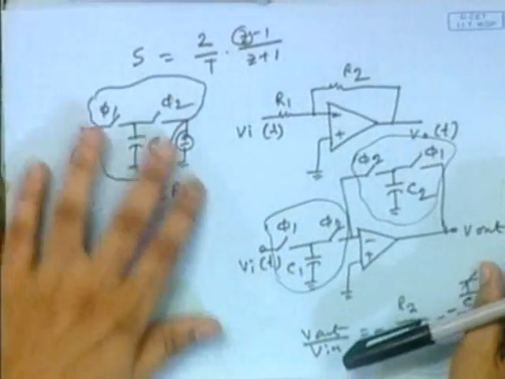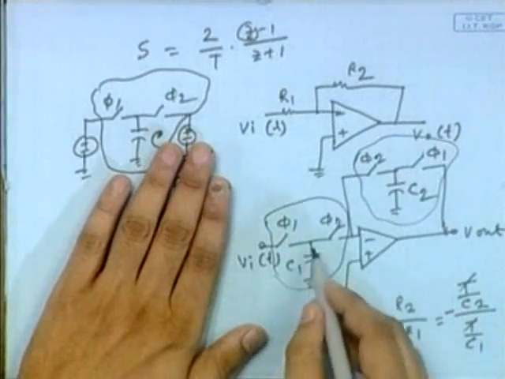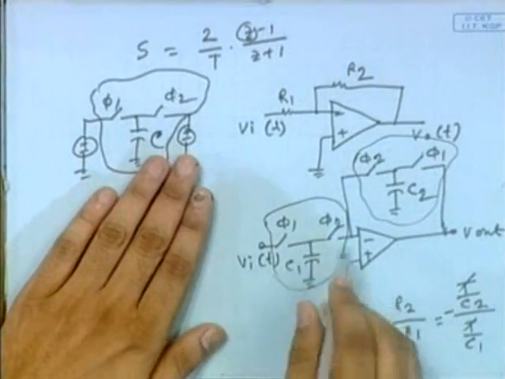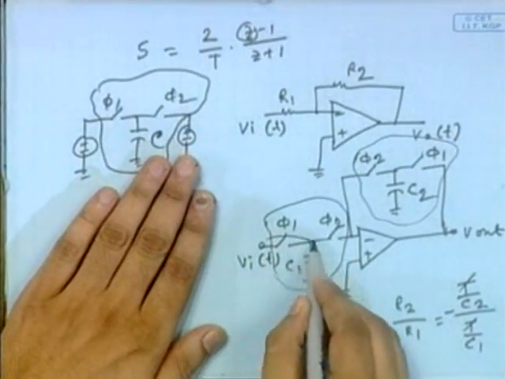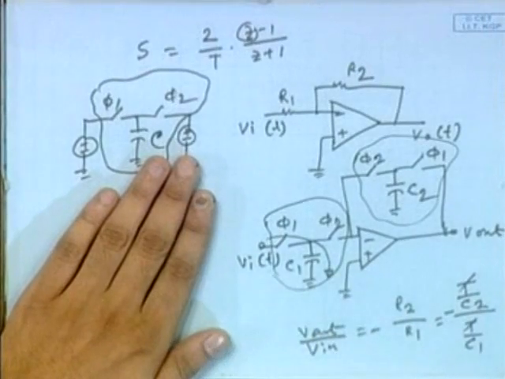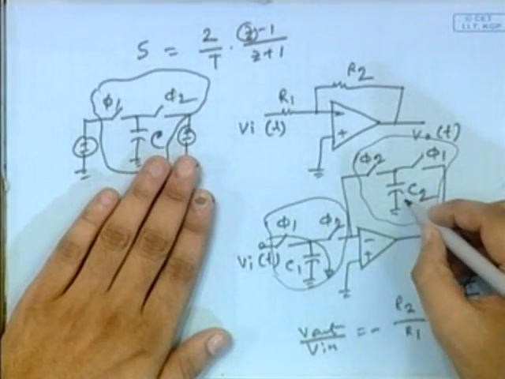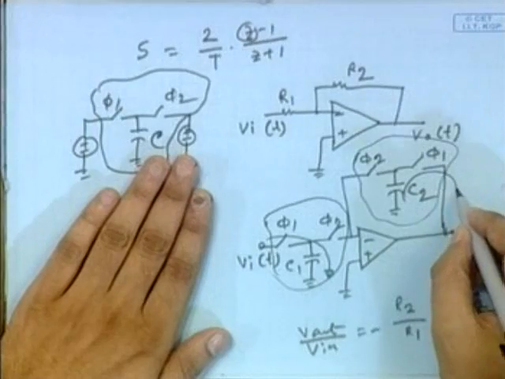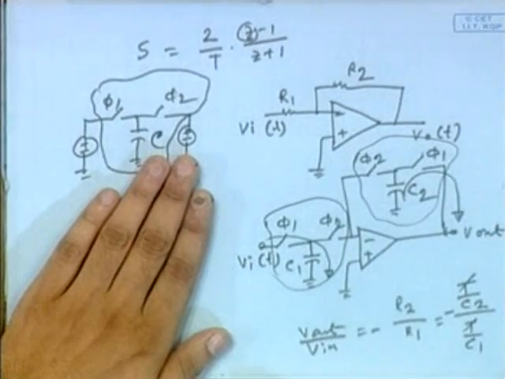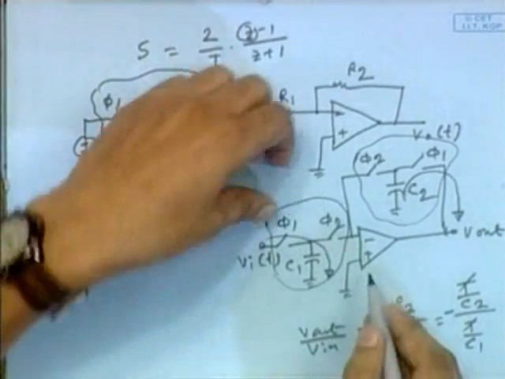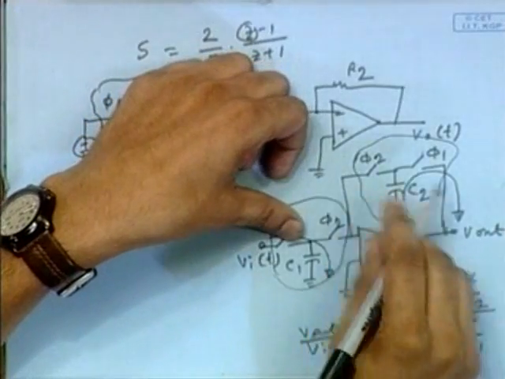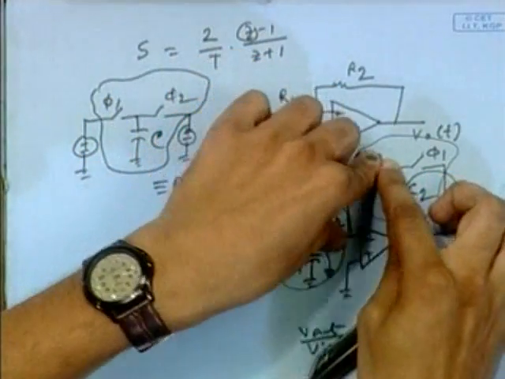The problem with this type of circuit is this. When phi 1 is on, this will be charged, and at the same time we will have this output. During that period phi 2 is off, so these two switches are off.